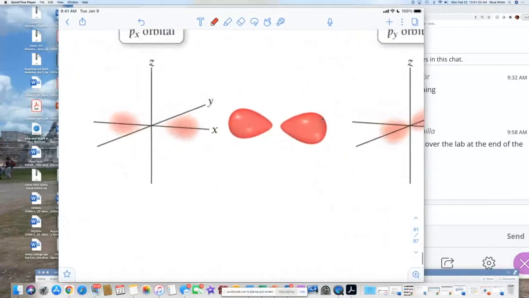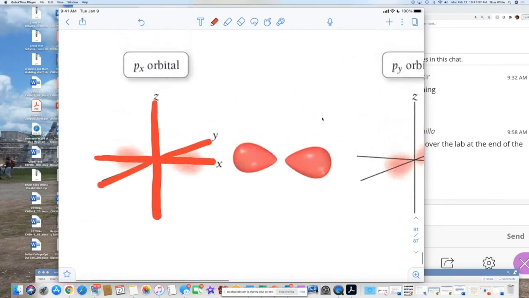PX looks like this. Remember the axes. So we have axes here. In chemistry, the vertical one is Z, the horizontal one is X, and this one here is Y. So PX just shows you the P orbital with the x-axis going right through it like a shish kebab.